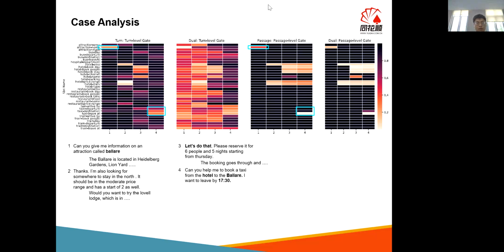When we focus on the last turn, the user adds 3 constraints in this turn. First is the slot taxi departure. The hotel is a coreference. The taxi departure value can be found in the slot hotel name. Then is the slot taxi destination.